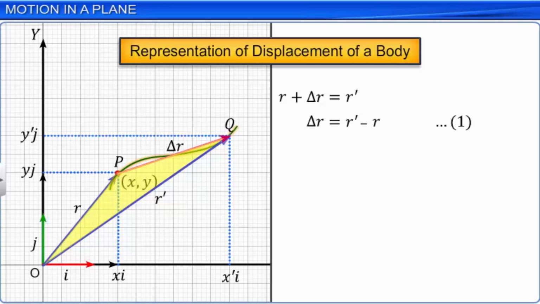We can write equation 1 in component form as delta r = (x dash i + y dash j) - (xi + yj), which is equal to (x dash - x) i + (y dash - y) j.